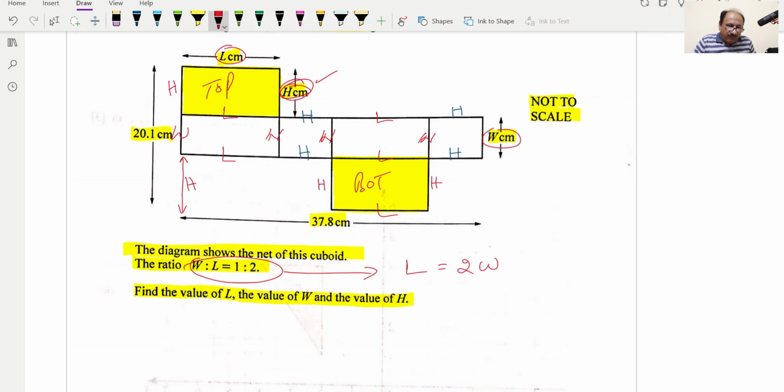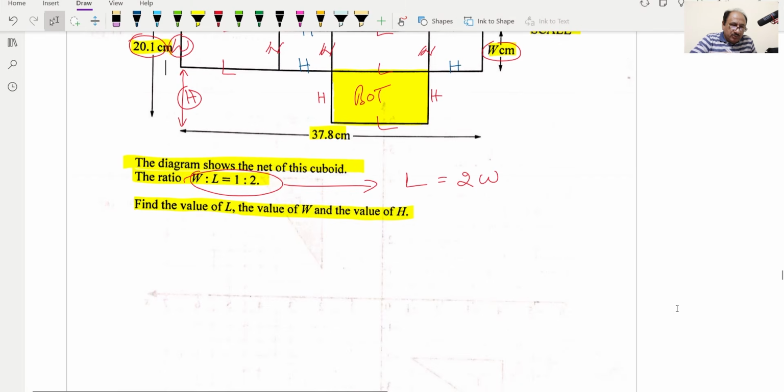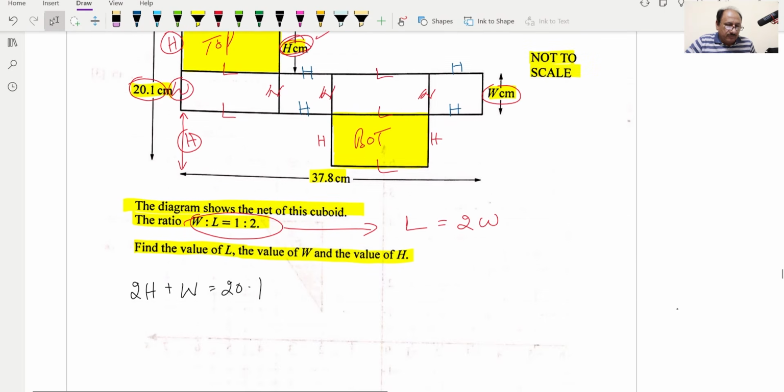Now we can form the equations. First equation we can form from this length, and this is 2 heights plus 1 width, 2h plus w. So I'm writing here 2h plus w is equal to 20.1. This is the equation which we formed from here.